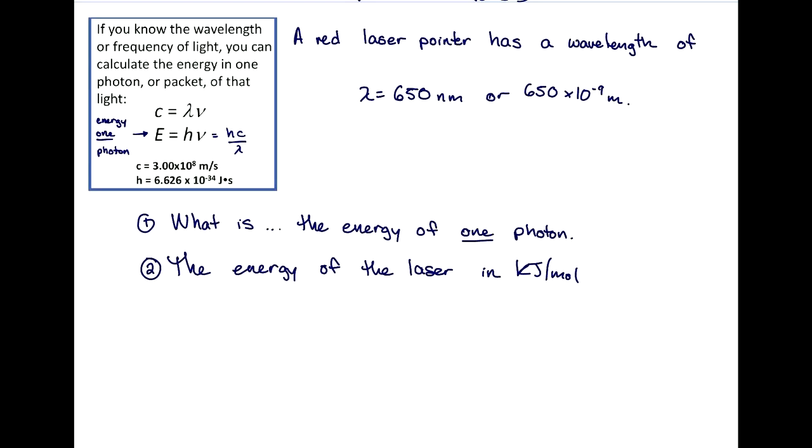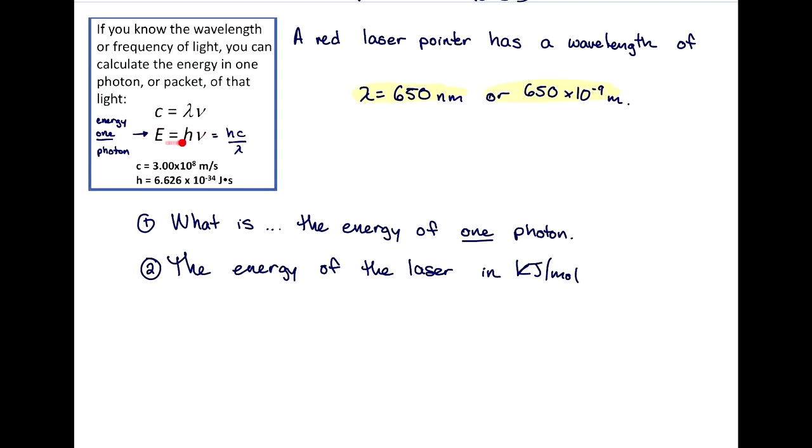This red laser pointer has a wavelength of 650 nanometers, or 650 times 10 to the negative 9 meters, same thing. With this information, and the idea that light travels at the speed of light, let's first calculate the energy of one photon.